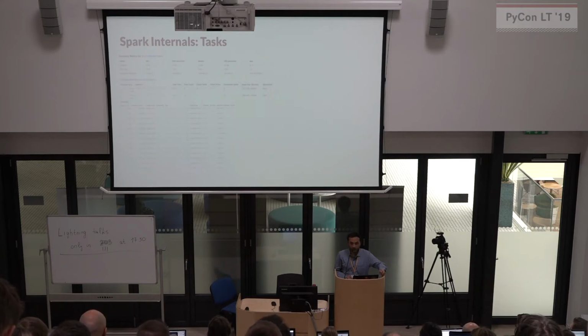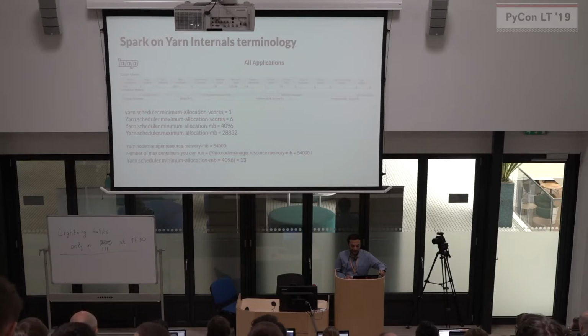And active nodes are 4. So maximum allocation into active nodes means the total virtual cores that you got in Yarn. If you see the configuration, yarn.scheduler.minimum-allocation-vcores is 1, right? So minimum is 1. Here you got maximum 6.